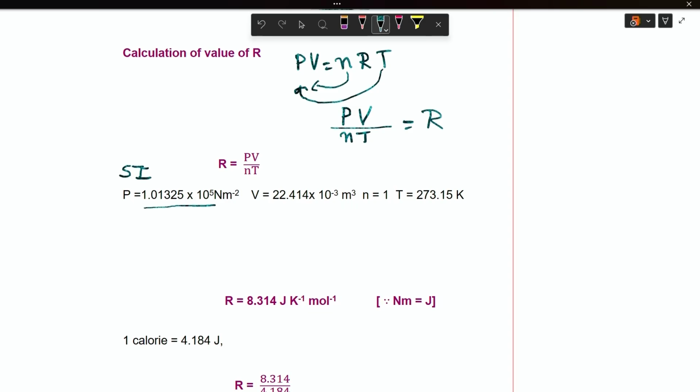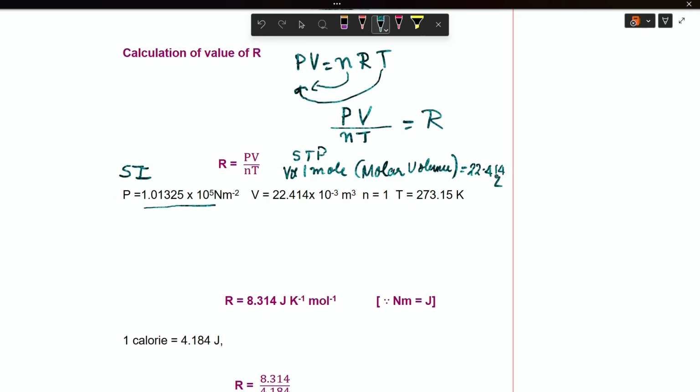Now, how do we get the volume? Here we know that the volume of 1 mole, from Avogadro's law, or I can call it the molar volume, at STP, we have learned it as 22.414 liters.